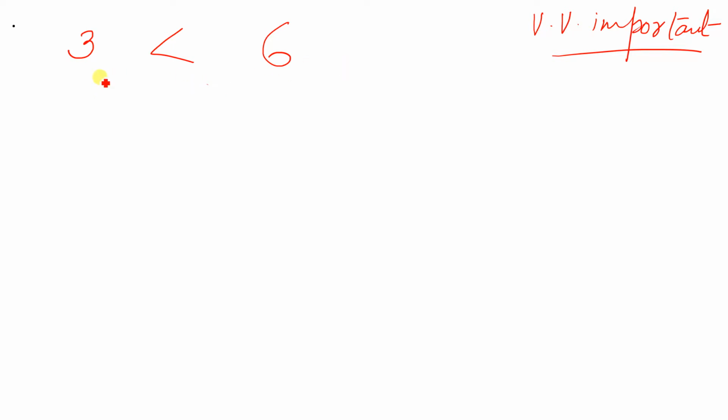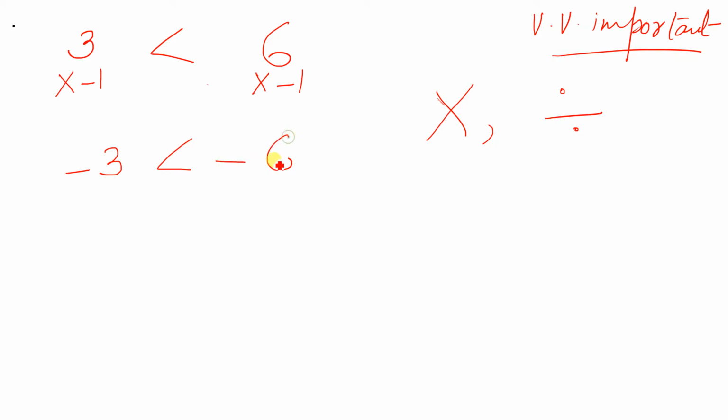If you multiply or divide, I am not saying addition and subtraction, only multiplication and division, on both sides with a negative number. Suppose I multiply by negative 1 here and by negative 1 here, so it will be negative 3 is less than negative 6.